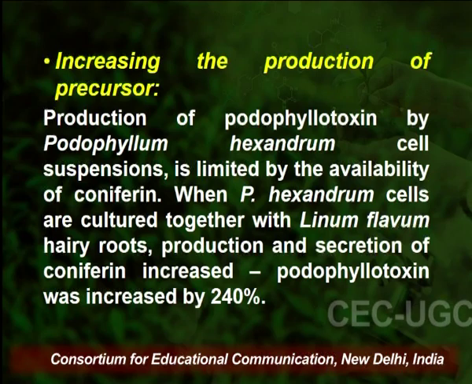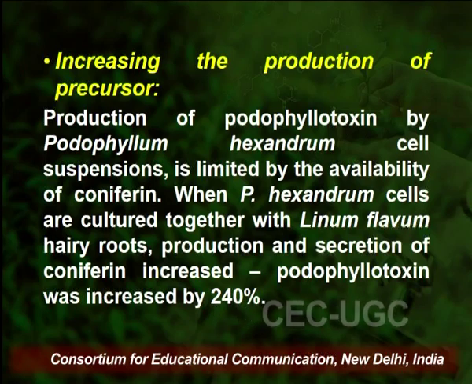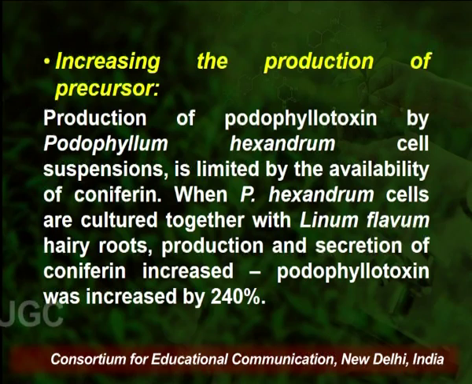So, in order to overcome this problem, Podophyllum hexandrum cells were cultured along with the cells of Linum flavum in hairy root culture, and this enhances the production of coniferin in the culture, which eventually increases the production of podophyllotoxin by 240%.